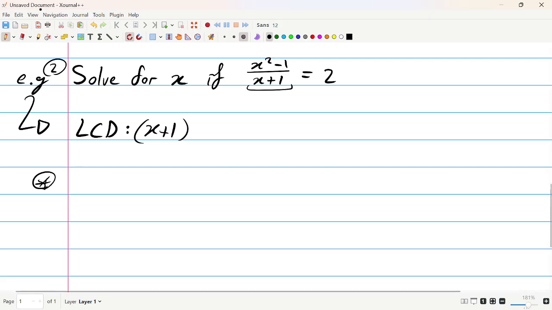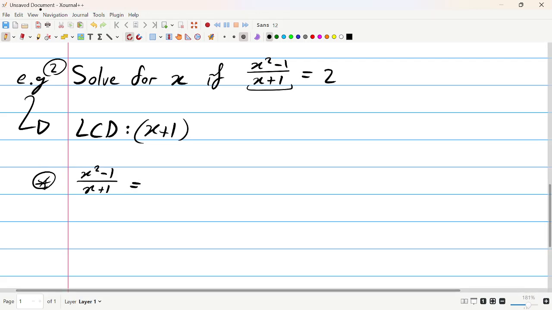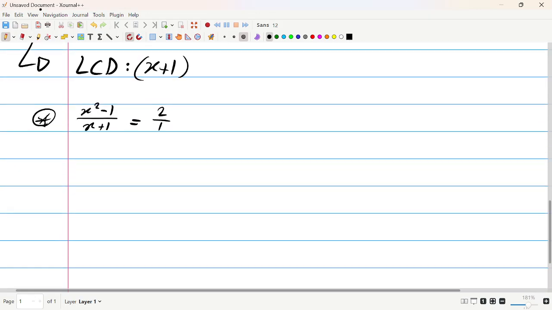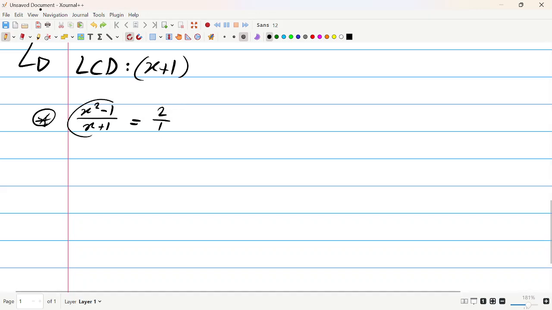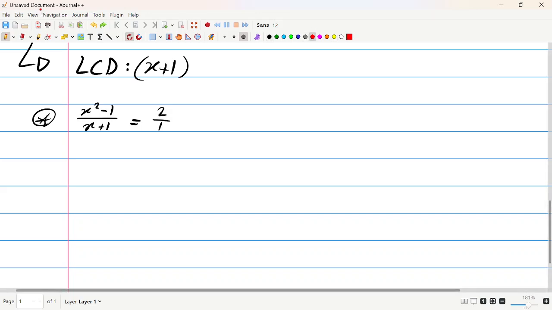Now we need to start. So (x squared minus 1) divided by (x plus 1) is also equal to 2 over 1. Remember, everything is a fraction. Now clearly, how are we going to get x plus 1 on this side, because clearly we have it on this side? We take what we do at the bottom, multiply by x plus 1, and we do the same at the top.